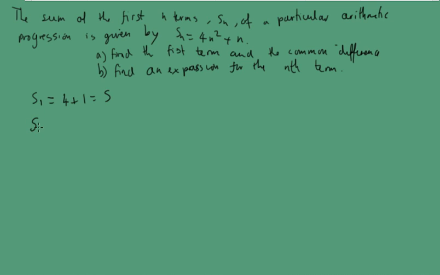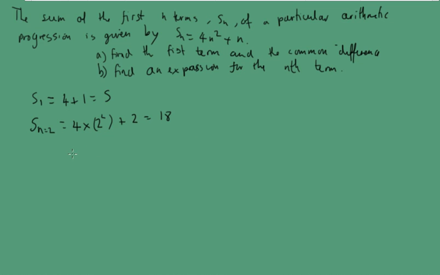So what's the sum of the first two terms? So that will give us 4 times n squared, so that's 2 squared, plus 2, which will give us 18.